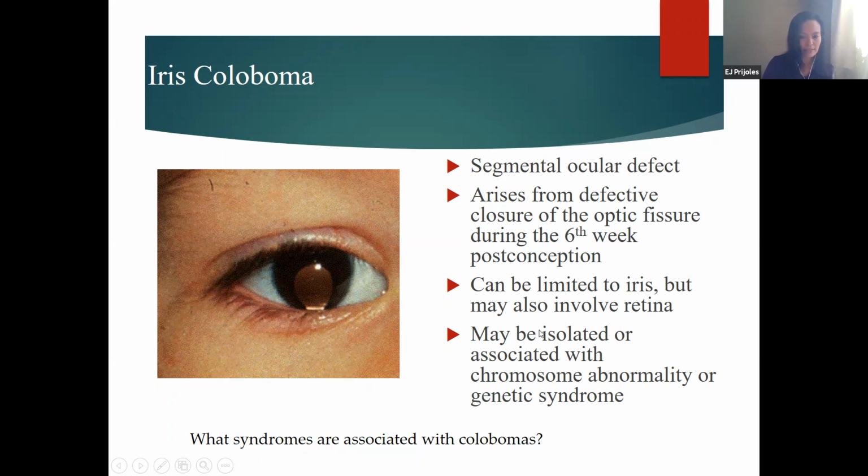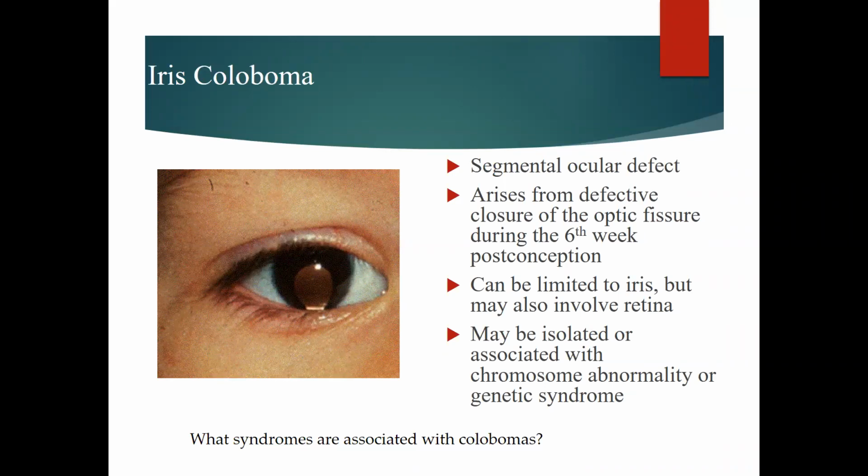It can be isolated or associated with a chromosome abnormality or syndromes. So anybody know of any syndromes that are related to colobomas? CHARGE. Yep, that is the typical one we think of.